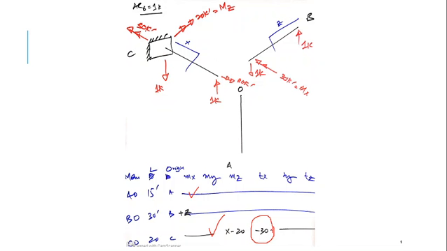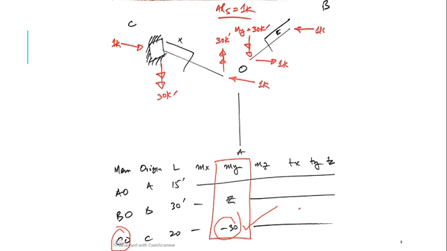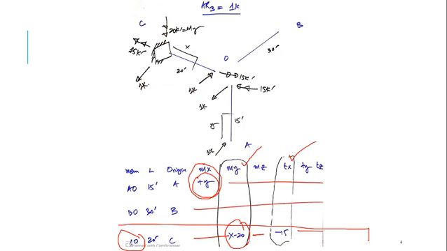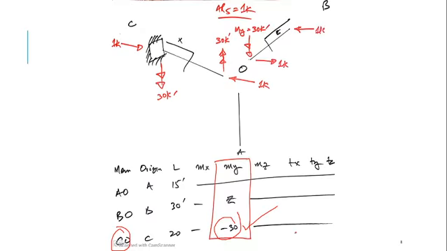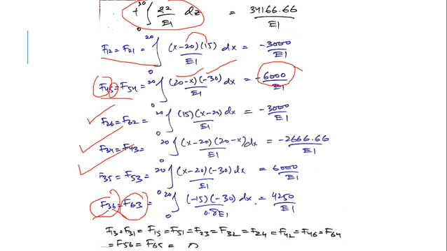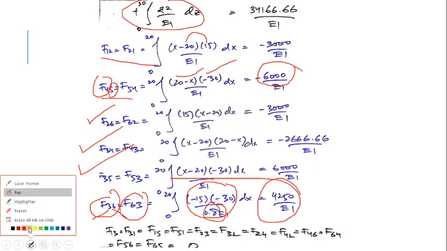It means minus 30 would be multiplied with minus 50. It should be divided by 0.80i because these are torsions, and you get this value. Finally, all other values are 0. You can find it very easily.